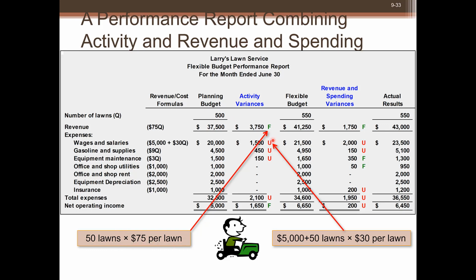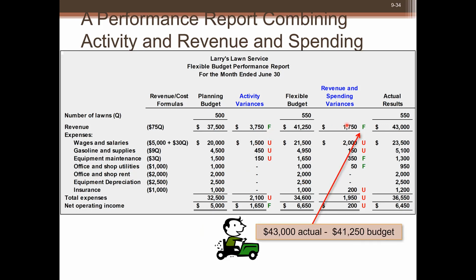So we can get favorable activity revenue variance, 3,750. For wages and salaries, we can use 50 lawns multiplied by $30 per lawn. And then we can calculate activity variance for wages and salaries is unfavorable, 1,500. And we can continue other activity variances in the same way.